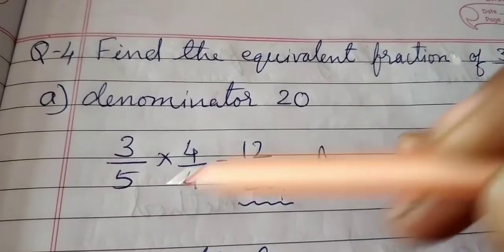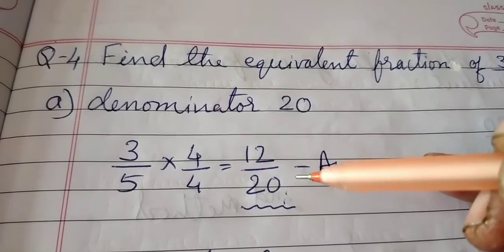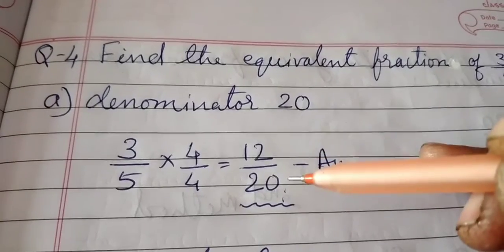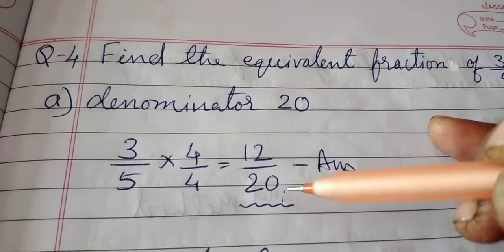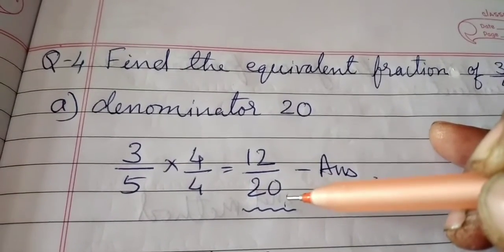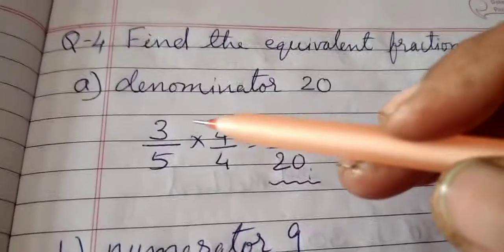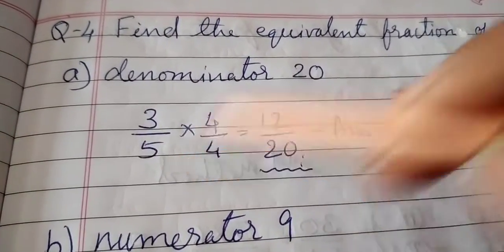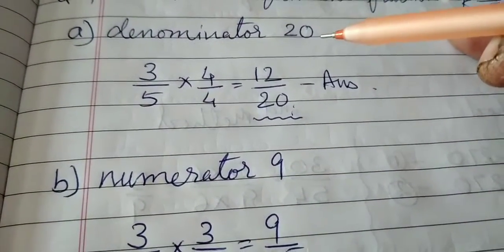So 3 4s are 12 and 5 4s are 20. मिल गया आपको equivalent fraction, a fraction which is equivalent to 3 upon 5 and again it has 20 in the denominator's place. चलो, तो ये हुआ 12 upon 20 which is equivalent to 3 upon 5 with the condition that the denominator should be 20.